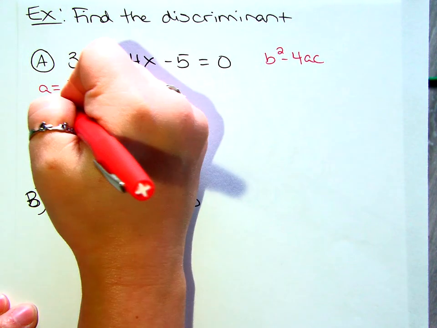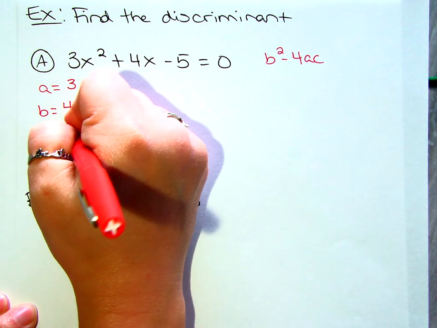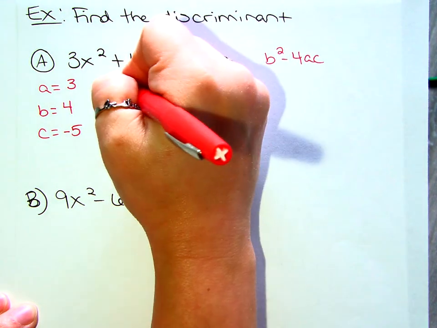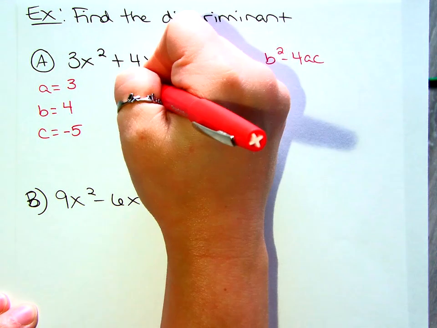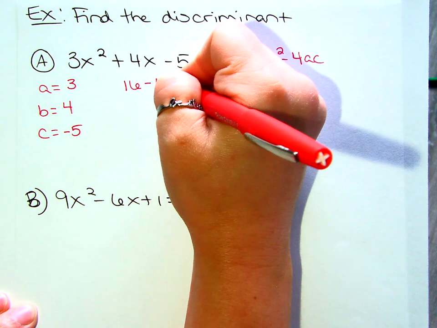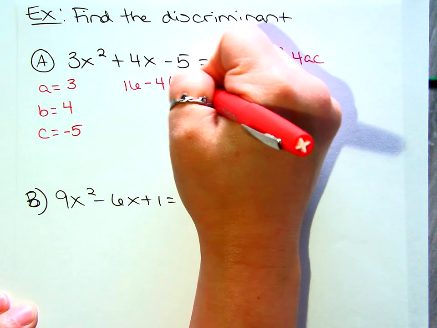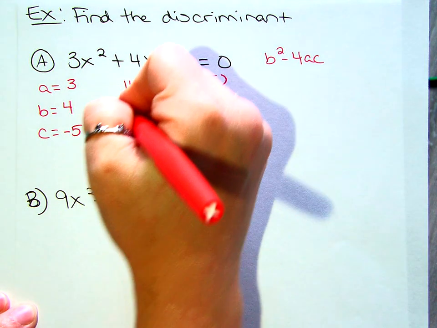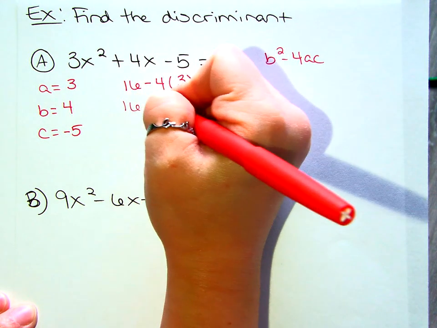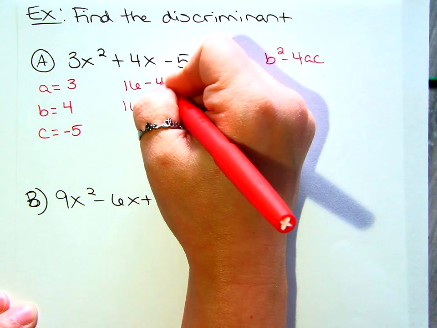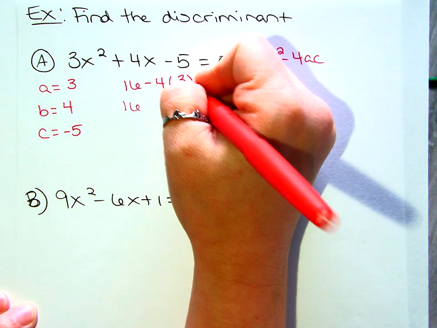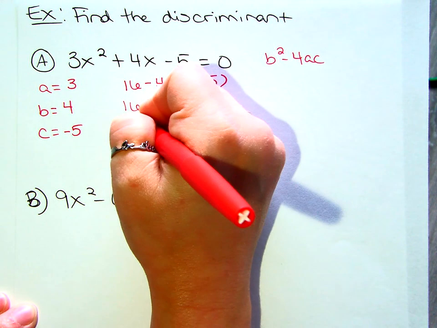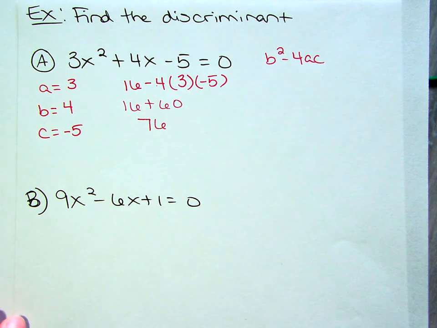So for b squared, I'd have 4 squared, which is 16, minus 4 times a, which is 3, times c, which is negative 5. So I get 16, negative 4 times 3 is a negative 12, times a negative 5 will give me a positive 60. So I get 76. Okay?